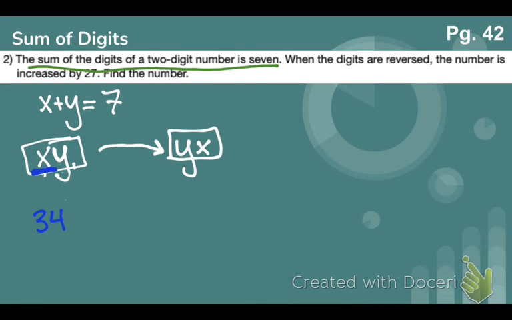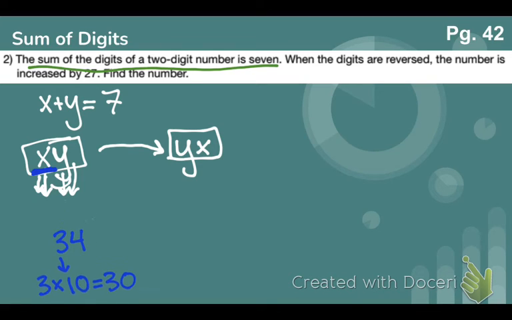So what did we do to represent how much the 3 was? We did 3 times 10 equals 30, right? So this x doesn't just mean x because it's in the tens place.